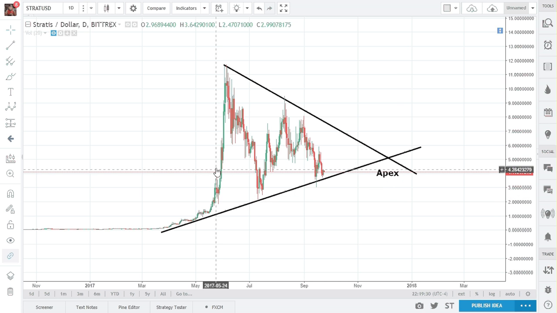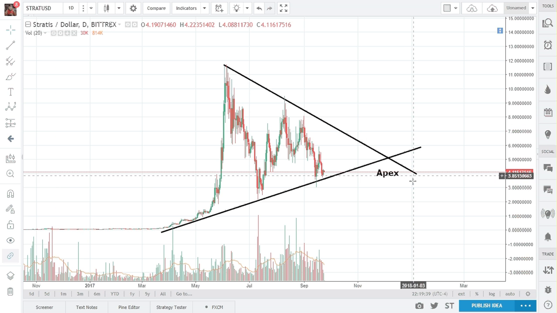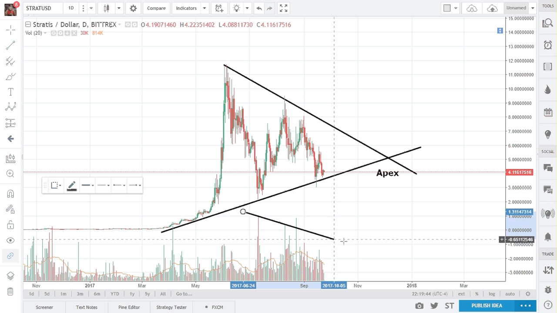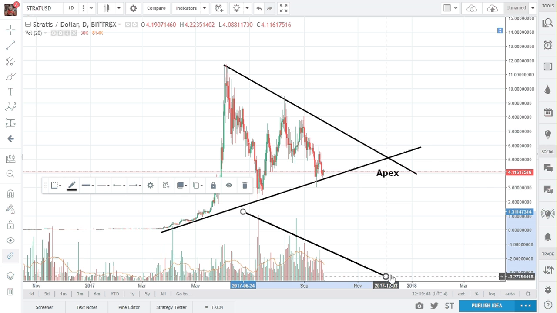And the apex is important because as prices keep bouncing around between these two lines and get closer to the apex, volume will start decreasing to a trickle.